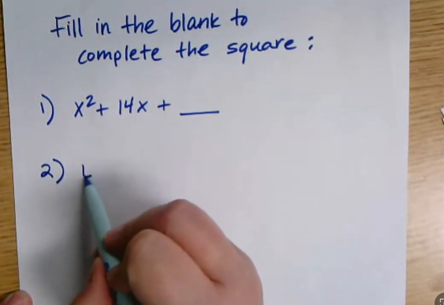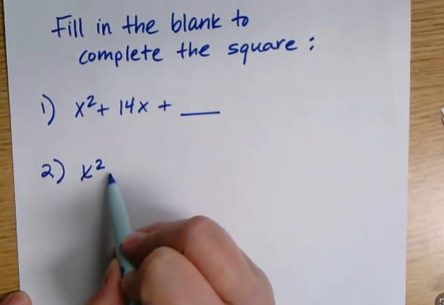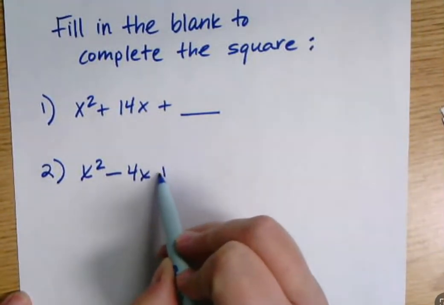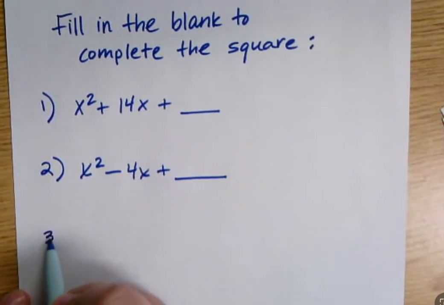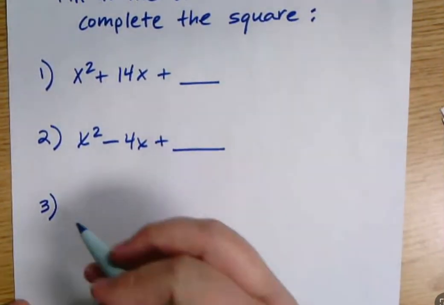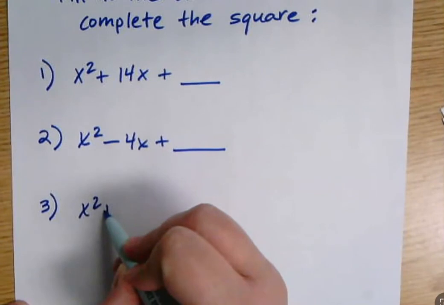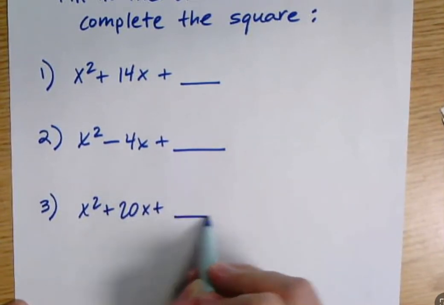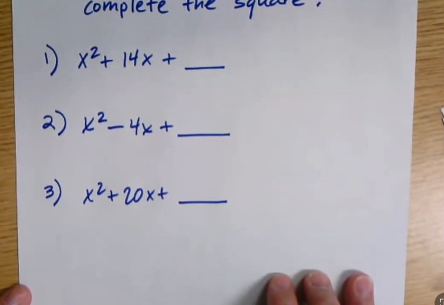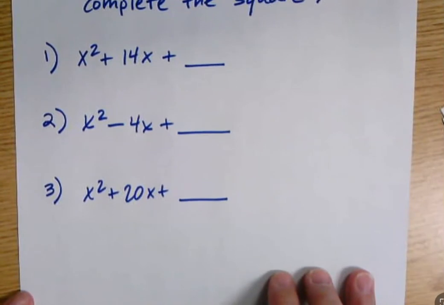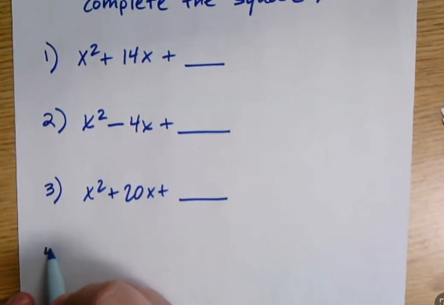All right, this one. Let's go with this. Hit pause if you need to. You're filling in the blank to make a nice perfect square trinomial, something that I could factor as a binomial squared.